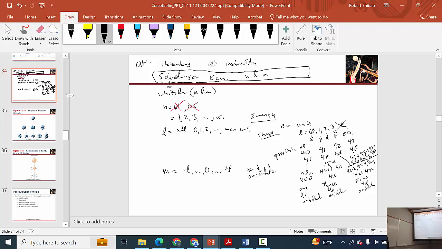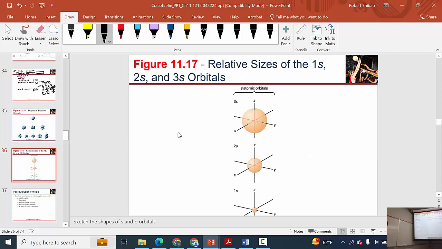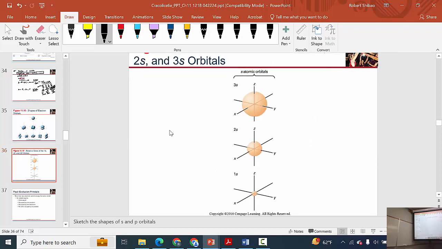What they mean physically is they're the number and the orientation. And so when we look at this orbital, a 1s orbital is a 1, 0, 0 orbital. What this tells me is it's the first energy. The shape is spherical. s is a spherical shape. And I only have one of those in one orientation.